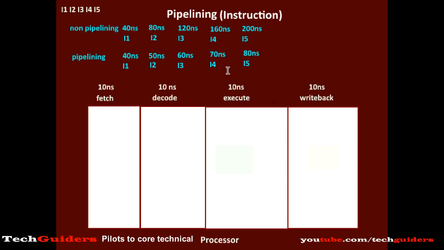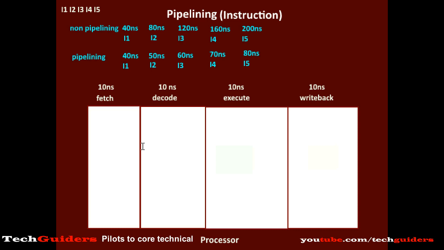That means the number of instructions that can be processed within a period of time is more in pipelining compared to the non-pipelined approach. The number of instructions that can be processed within a span of time is the throughput. So the throughput in pipelining is more compared to the non-pipelined approach. Hence, pipelining gives better performance in terms of throughput.